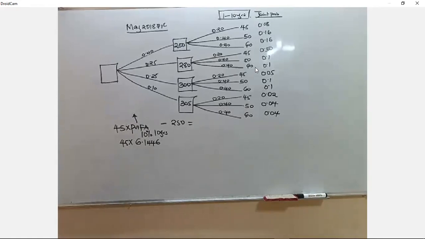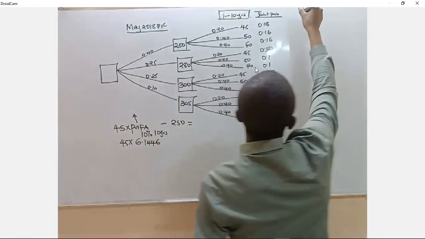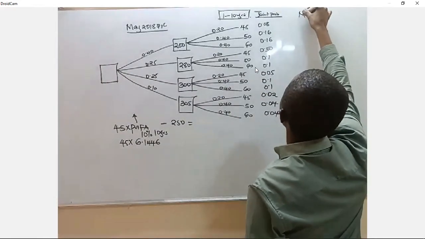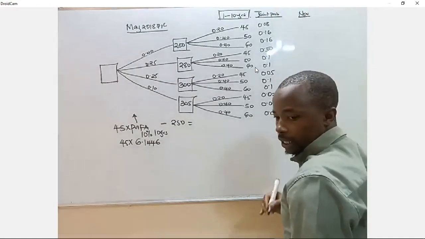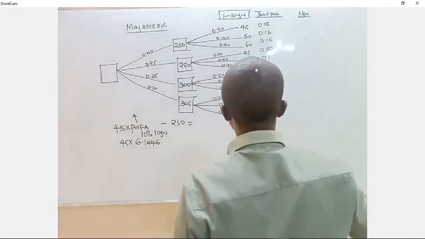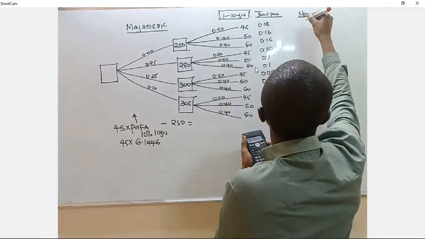You can see when you're calculating your NPVs here, the first one is 26.51.